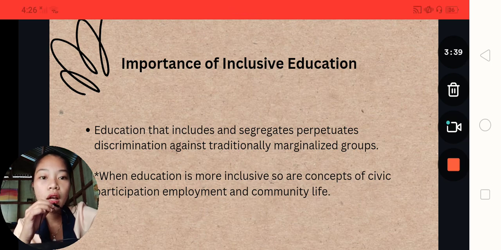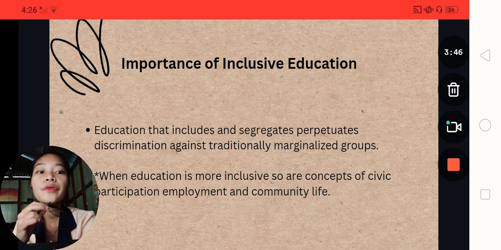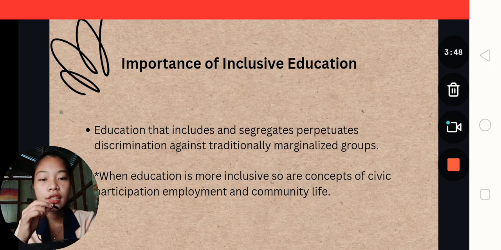Education that excludes and segregates perpetuates discrimination against traditionally marginalized groups. The last is that when education is more inclusive, so are our concepts of civic participation, employment, and community life.